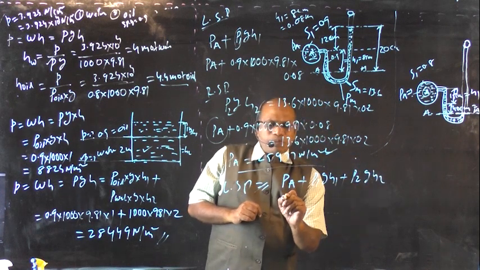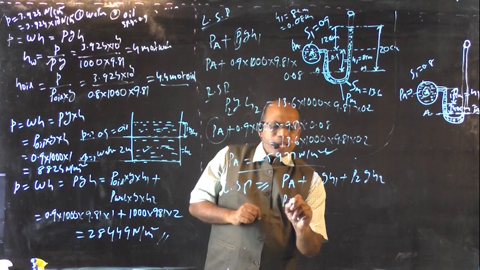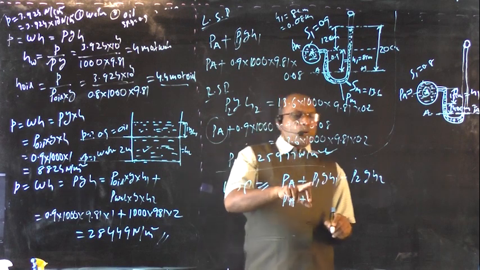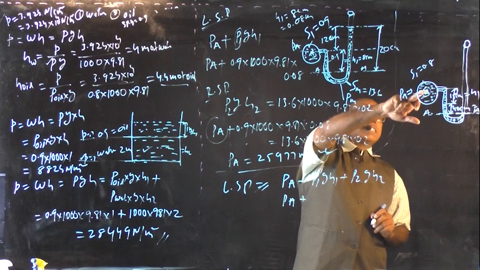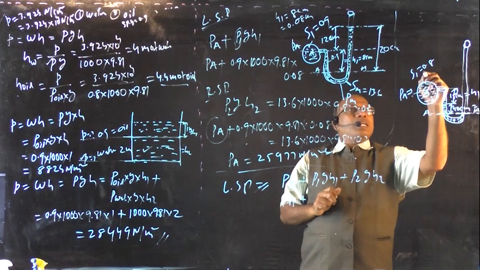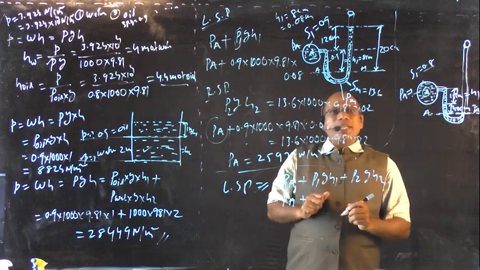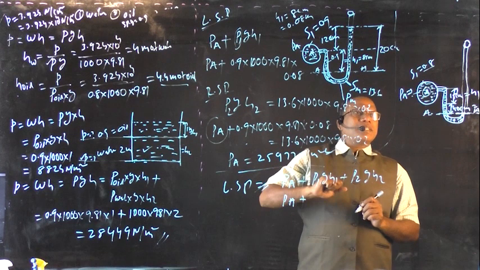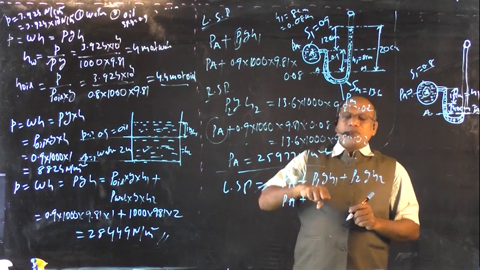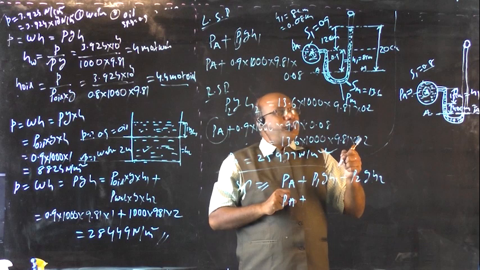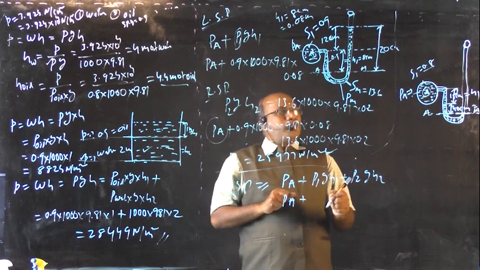This is equal to PA plus rho 1, the density of the flowing liquid. The specific gravity of the flowing liquid is given as 0.8. Density of any liquid is equal to specific gravity of that liquid into density of the standard liquid.